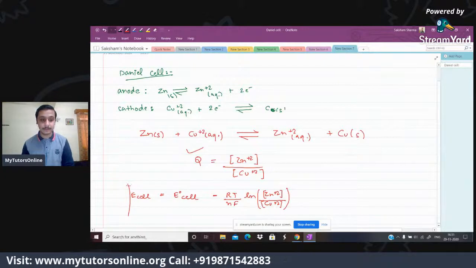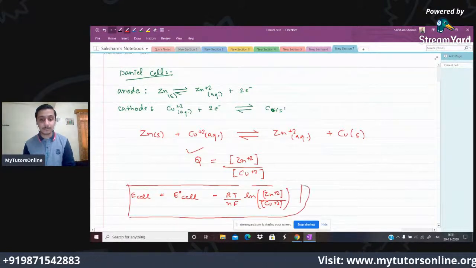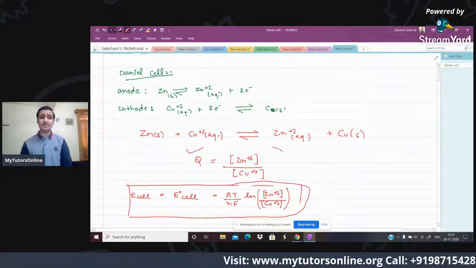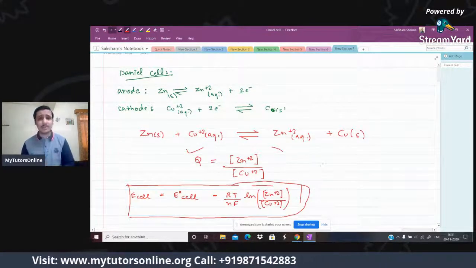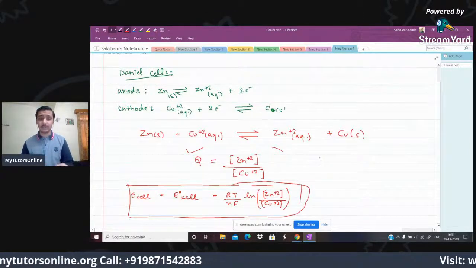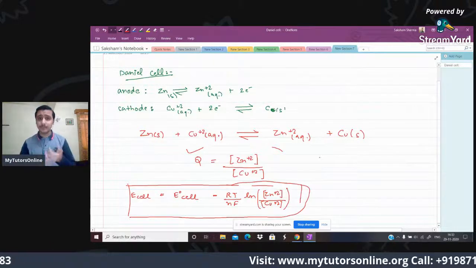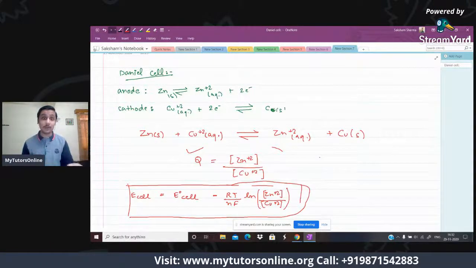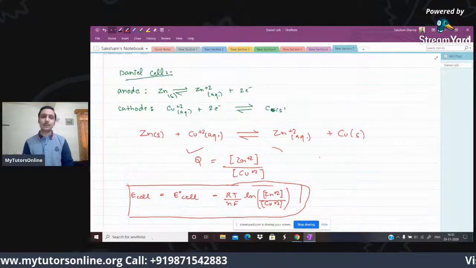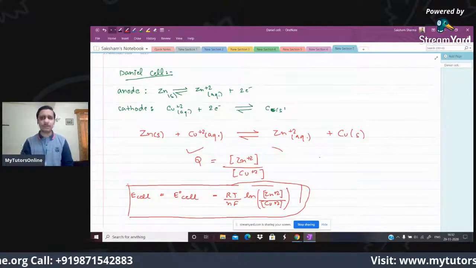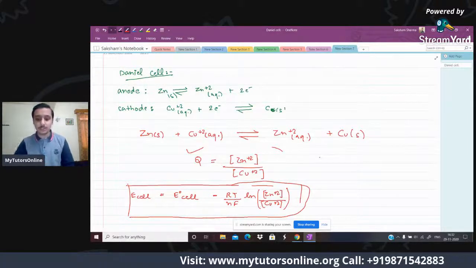In most cases in board exams, you will get a 3-mark or 4-mark question where they will ask you to first define types of electrolytic cells, they may ask you the working of the Daniell cell and the role of the salt bridge, and they may give you some numerical related to electrode potential or electrochemical potential, which can be solved using this Nernst equation.